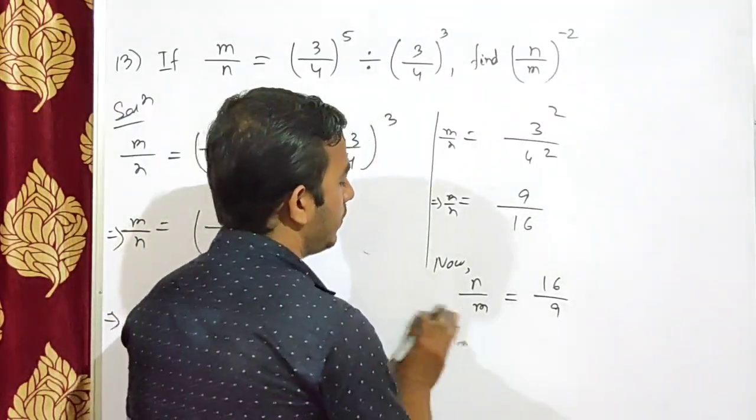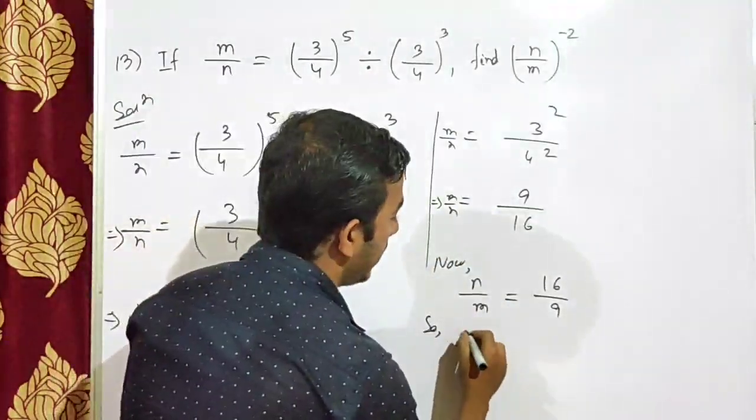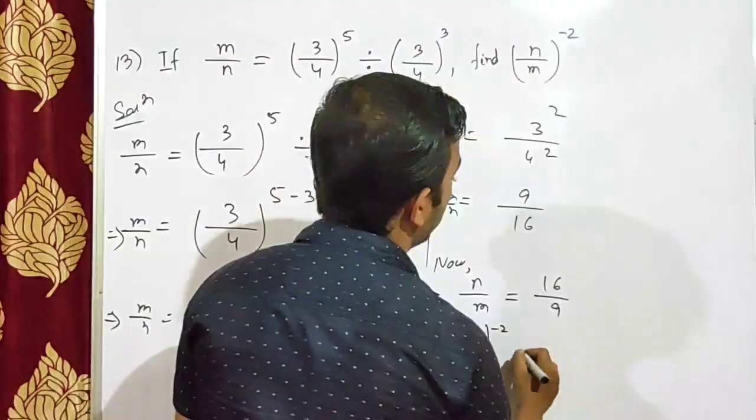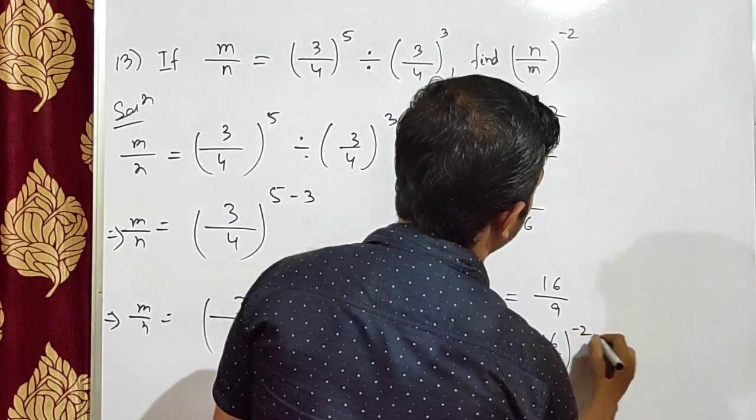So (n by m) to the power minus 2 equals (16 by 9) to the power minus 2.